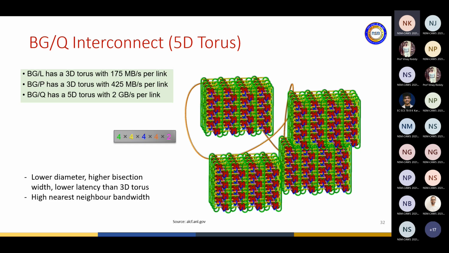You can think about it from the analogy of 2D versus 3D, and probably you can draw it later. But anyway, the point here was that they decided to go with 5D torus because it gave a lower diameter. It also gave higher bisection width. Now, what does bisection width imply? So this is a massive supercomputer, right? 96,000 nodes, and every node has 16 cores, right?